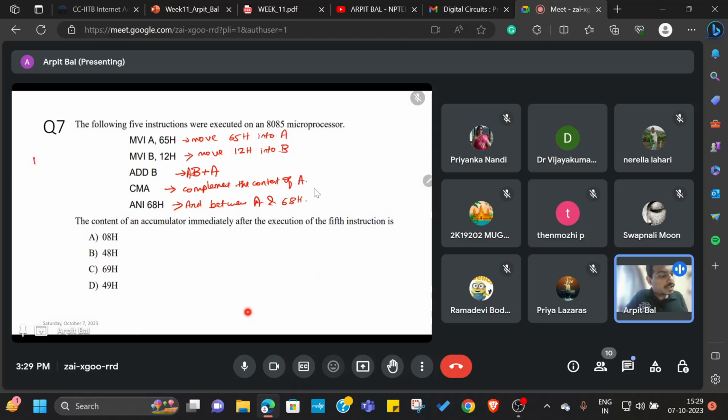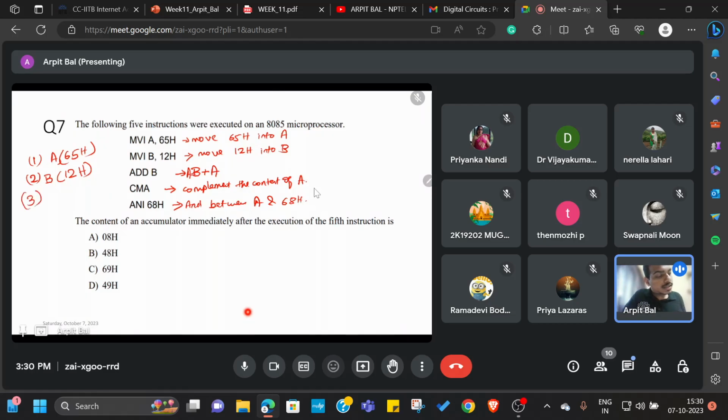So after first operation, A will have content 65H. After the second operation, the content of A will remain same, and B will have 12H.